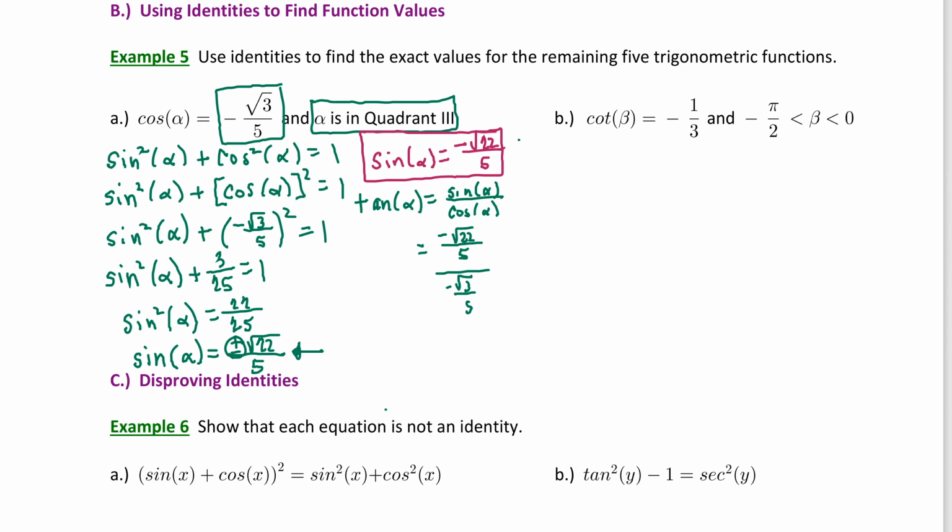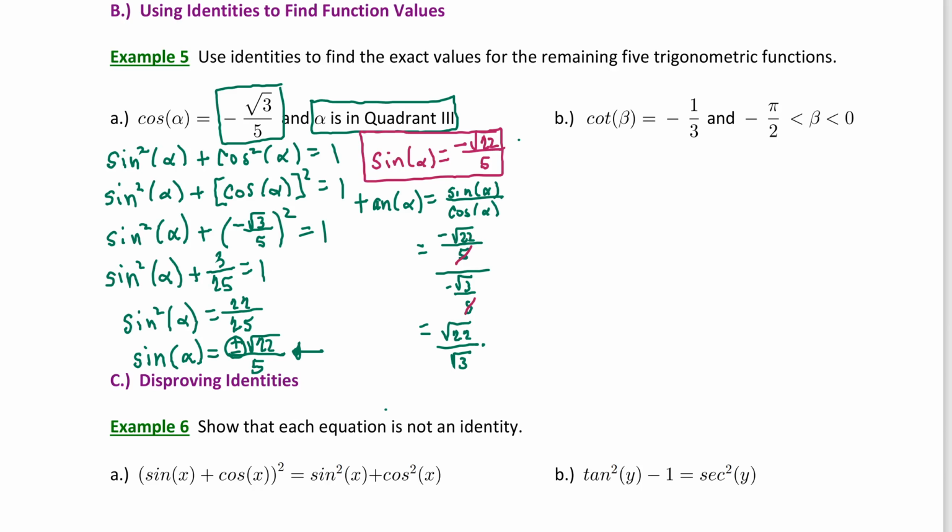Now, a couple of times in our trig videos, I've showed you how to simplify a 4-level complex fraction by multiplying the top and the bottom by the reciprocal of the denominator. But here's a shortcut for you. If you notice that the fraction in the top and the fraction in the bottom share the same denominator, those are ultimately going to cancel. So the value we obtain for tangent here is the square root of 22 over the square root of 3.